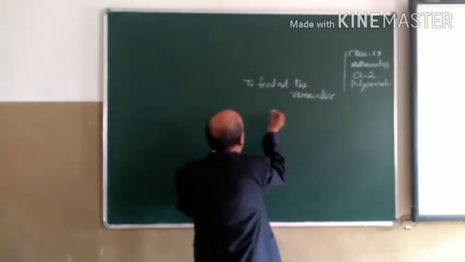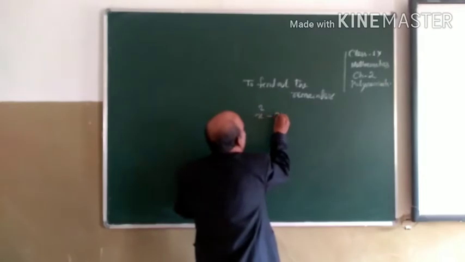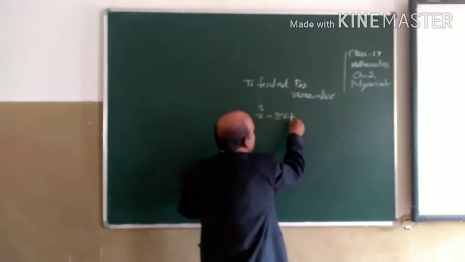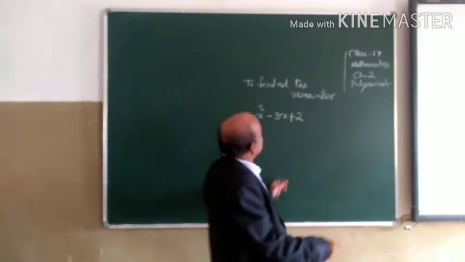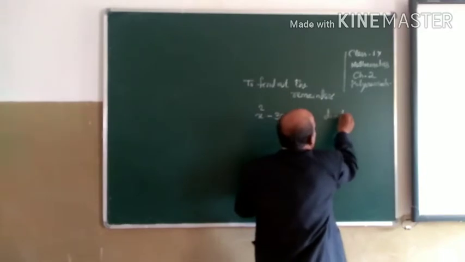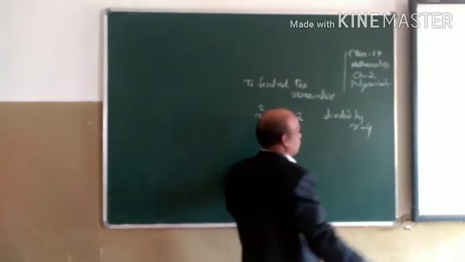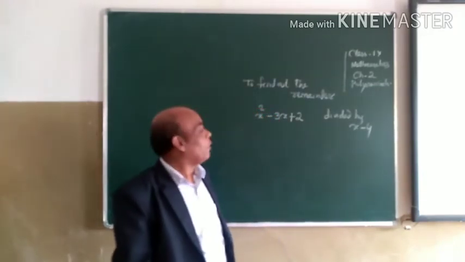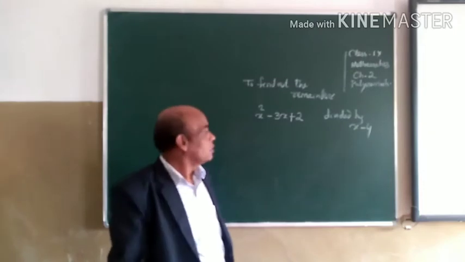Suppose I say x square minus 3x plus 2 is divided by x minus 4. You have to find out what will be the remainder.